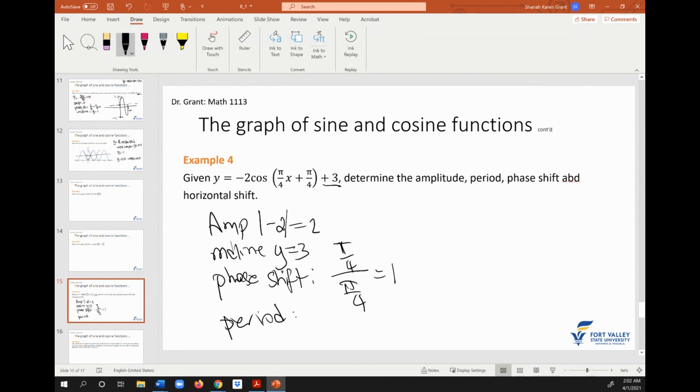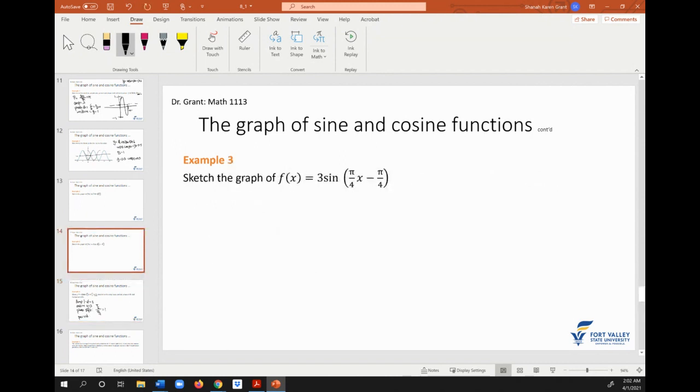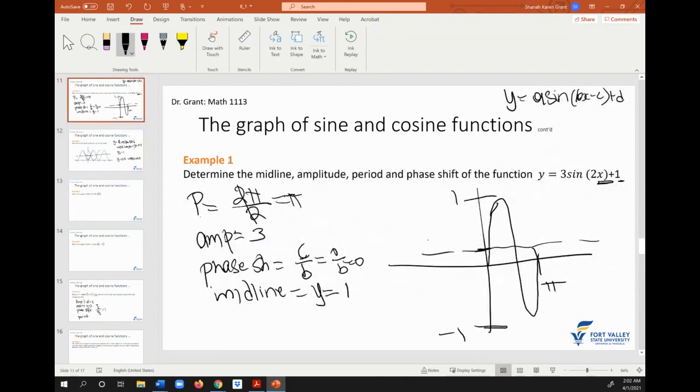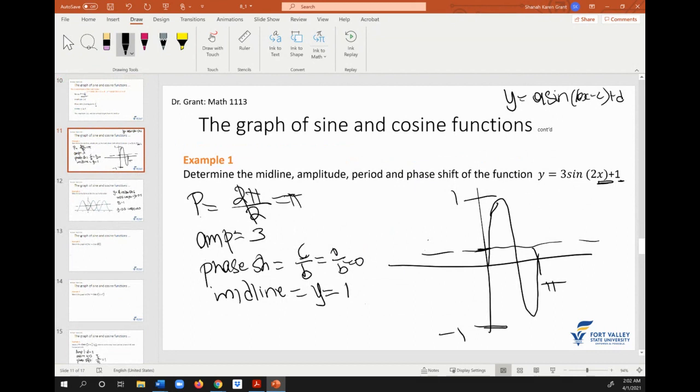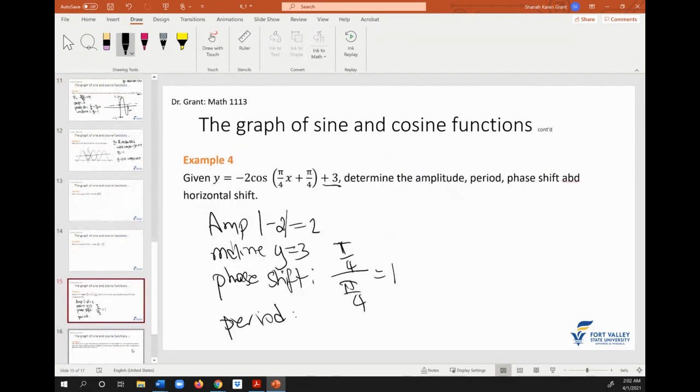Period is going to be, I don't know, I must be super tired right now. 2 pi over b. There we go. All right, so yes, our period is going to be 2 pi over pi over 4.